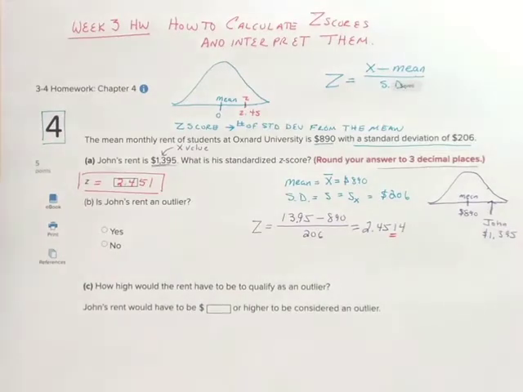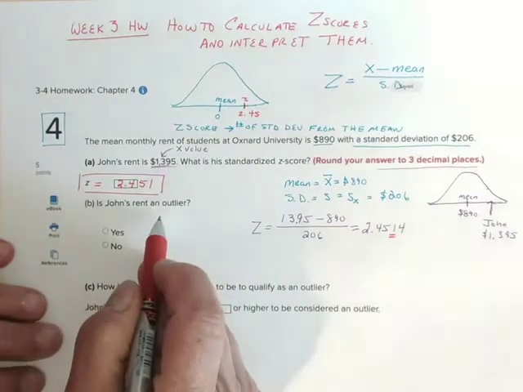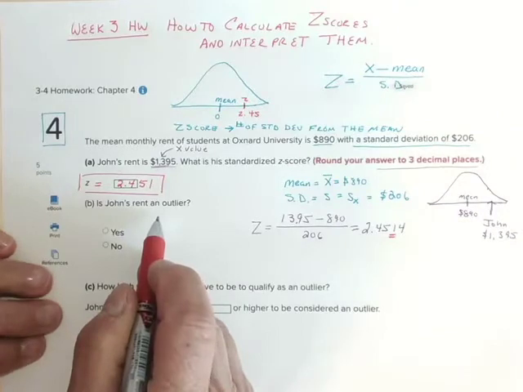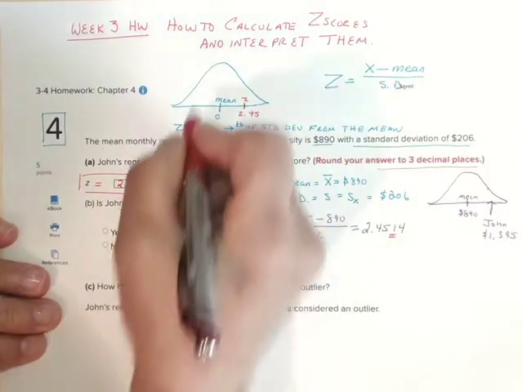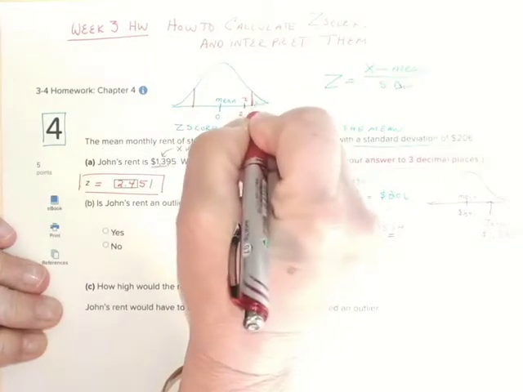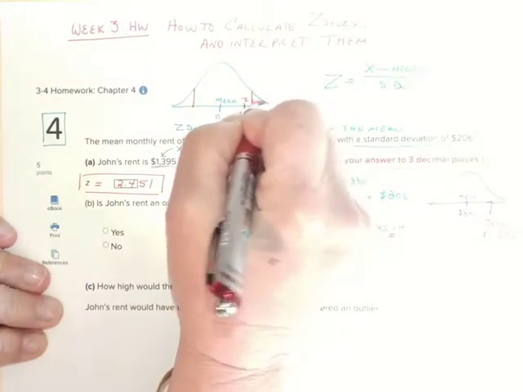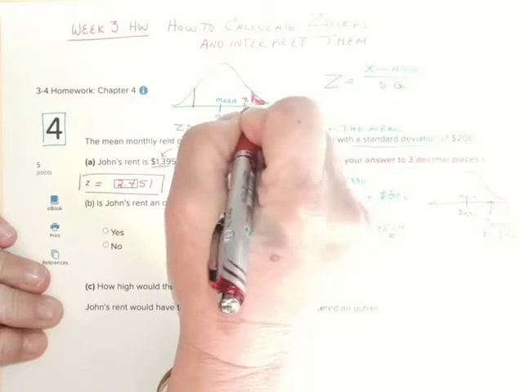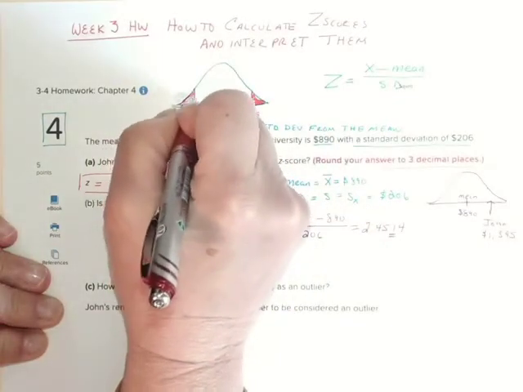So, is this an outlier? We go back to this graph here and shade this and shade this.